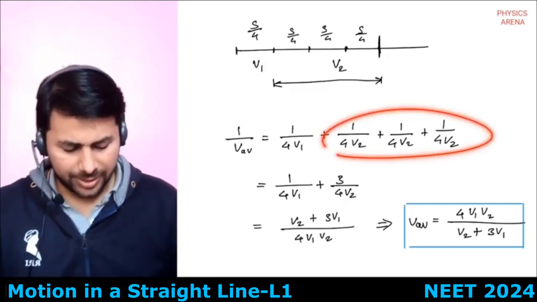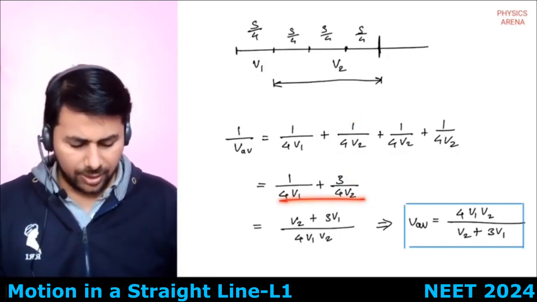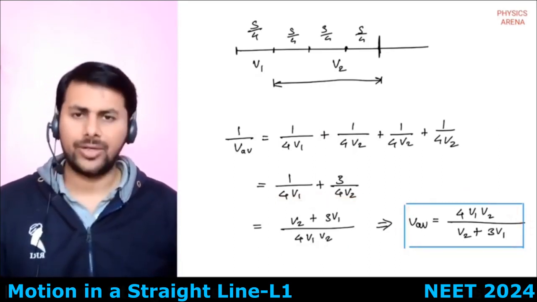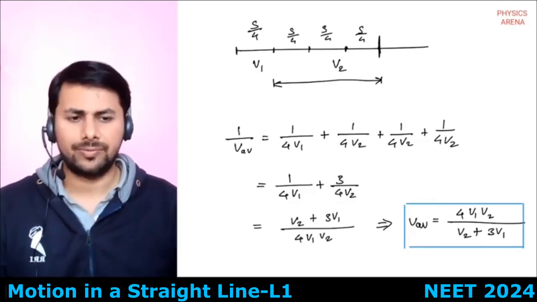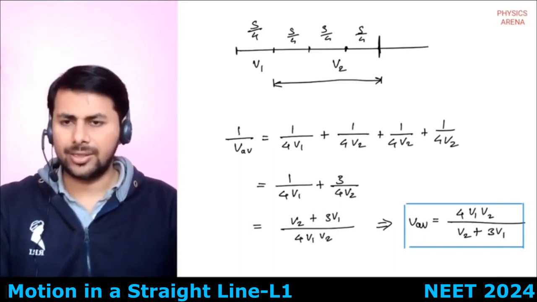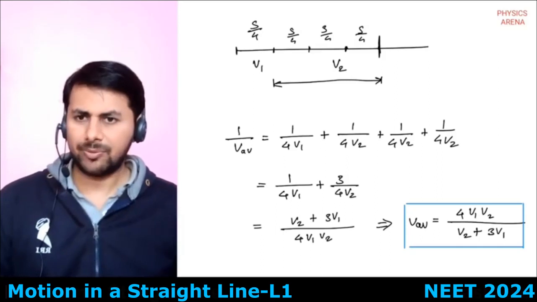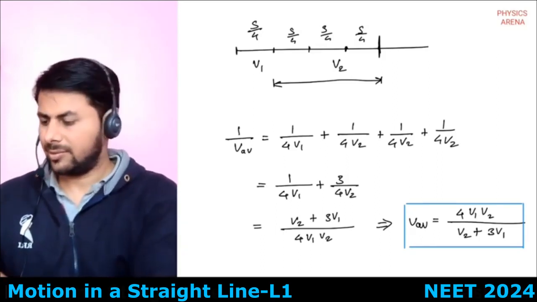Then you make the denominator the same, and what you get is v average is 4v1v2 divided by v2 plus 3v1. Is it clear? Is there a question? This type of questions you will be able to solve very simply.